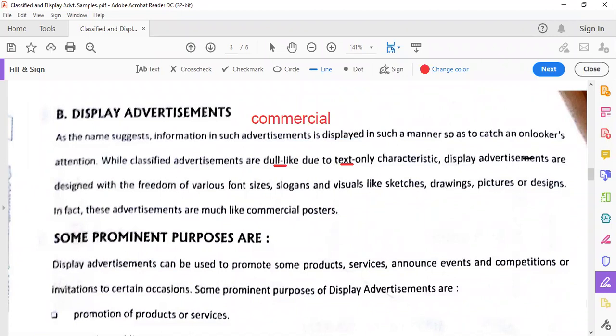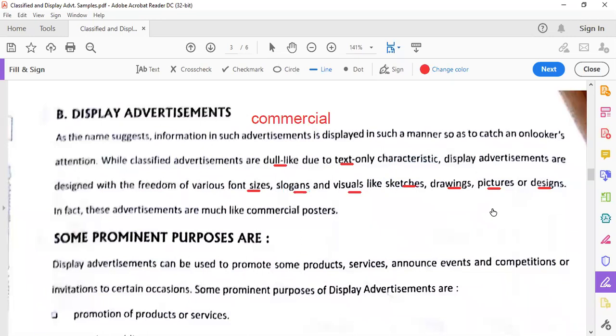But in the display advertisement, you have the freedom to give designs, and different font sizes can be used. You can mention any slogan. You can make any visuals like sketches, drawings, pictures, or designs. That means you can decorate your ad to attract the attention of the customers or the onlookers.